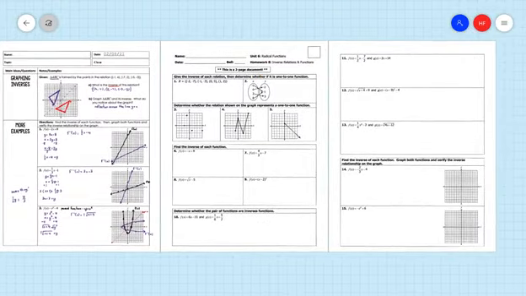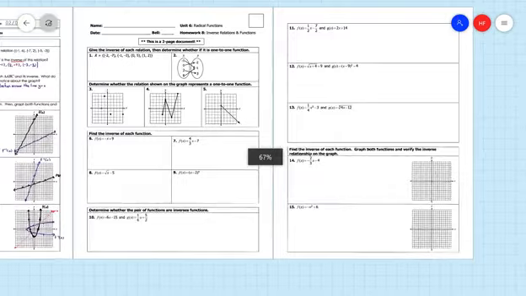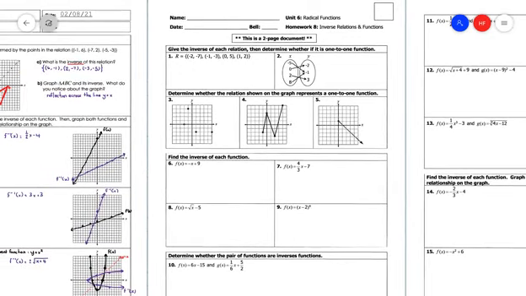So on the homework portion today, you have 15 problems. The first two, you're giving the inverse of each relation and then determining whether they are 1-to-1. Remember, to be 1-to-1, both R and R inverse have to be functions.